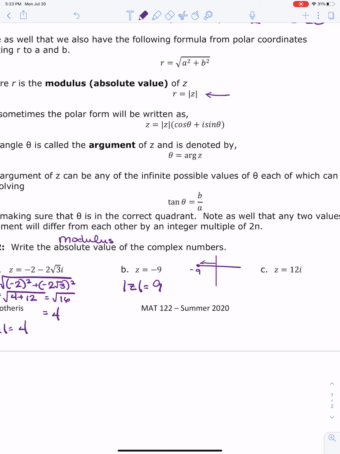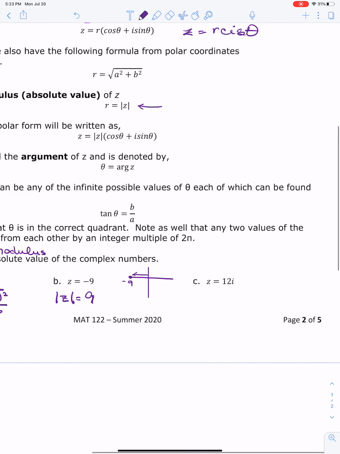We get -9 quantity squared plus 0 squared. -9 squared is 81, and the square root of that is 9. Same thing here on C, sorry. Z is 12i, which just means it's right here somewhere. There's 12i. And so the distance from 0, the modulus, is just 12.